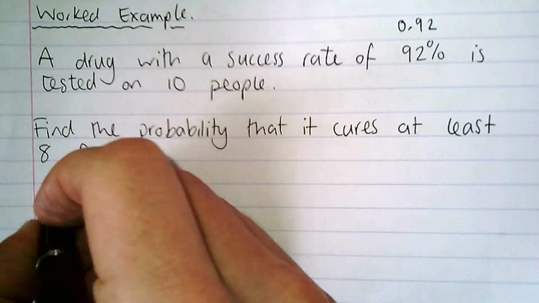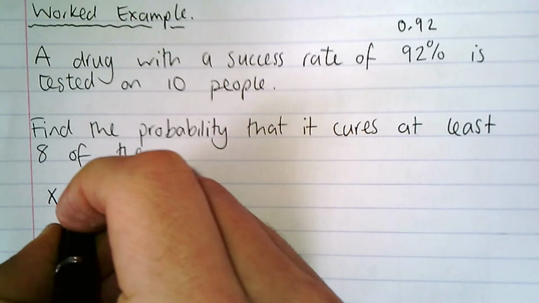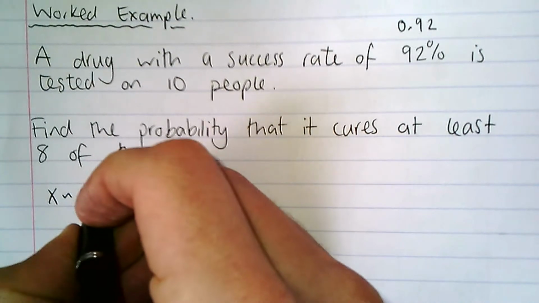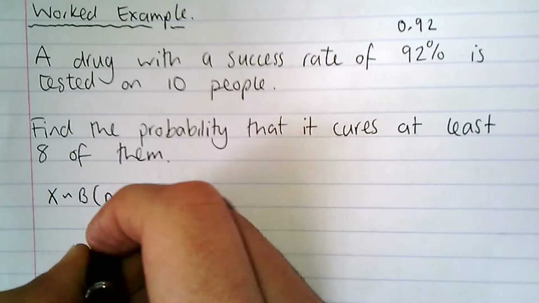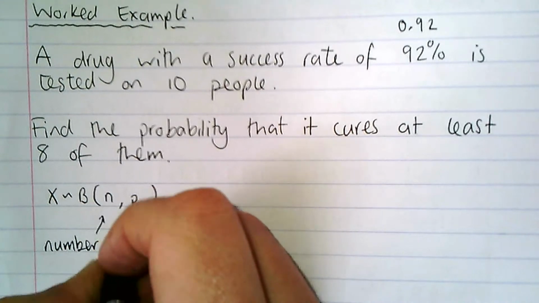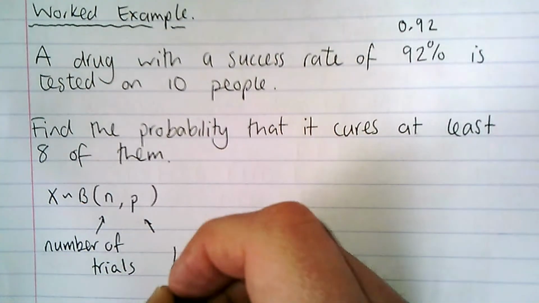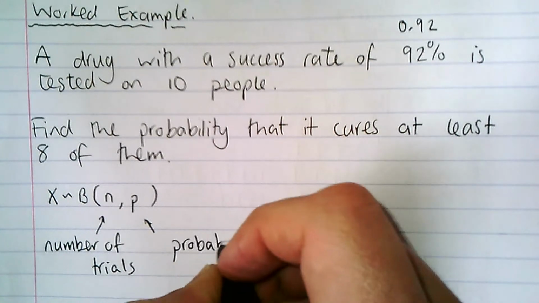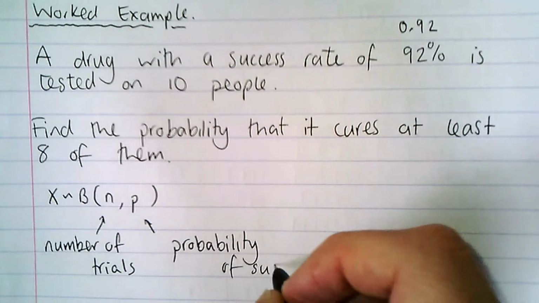So the notation you might see is the following. You might see x and then this squiggle, this is called a tilde, so x tilde B, and then you get some values. So I'm going to write n and p there. n here stands for the number of trials, and the p here is the probability of success.